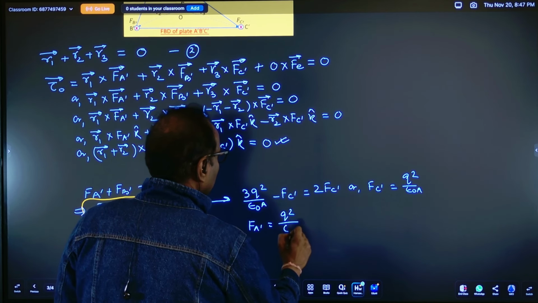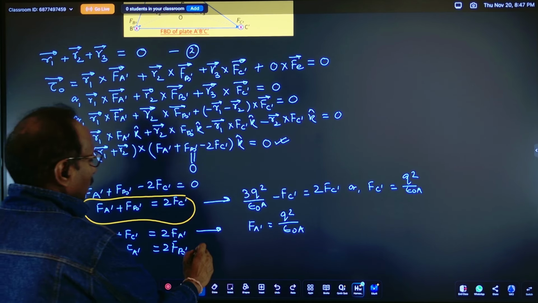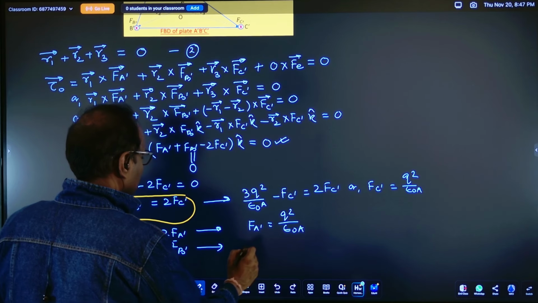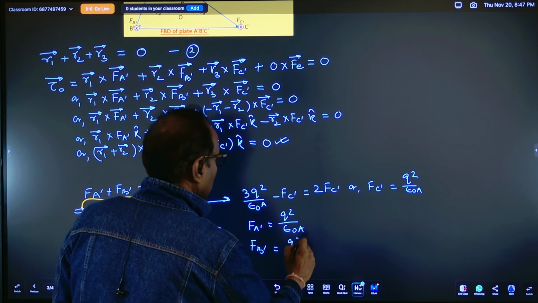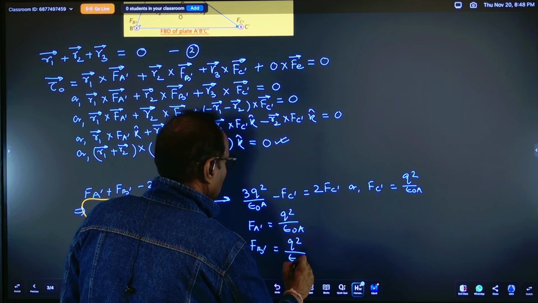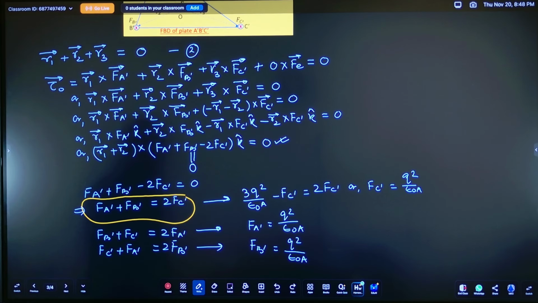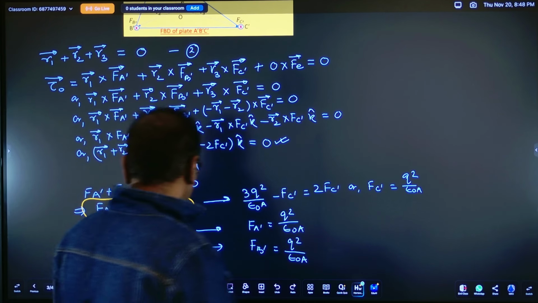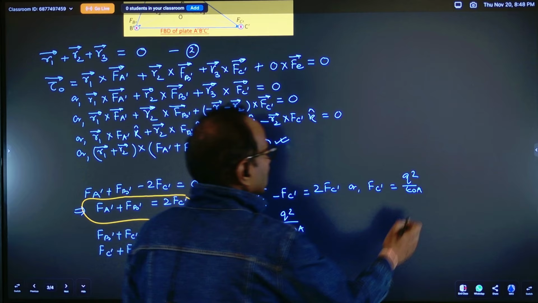It is a simple calculation that you can do by yourself. So these are the magnitudes of the forces which were asked to be calculated in our question.